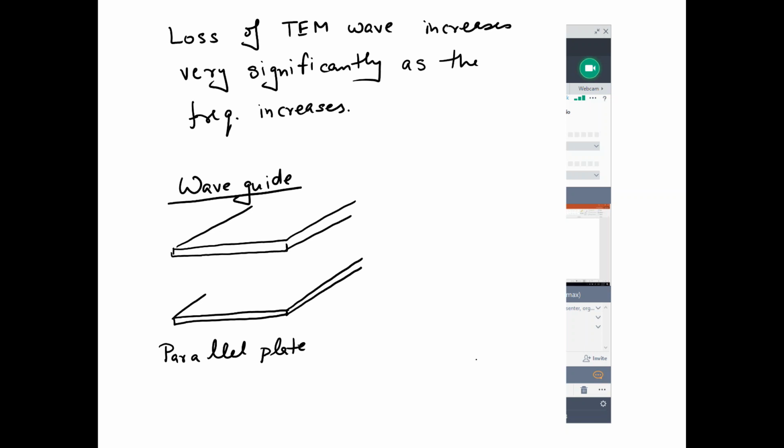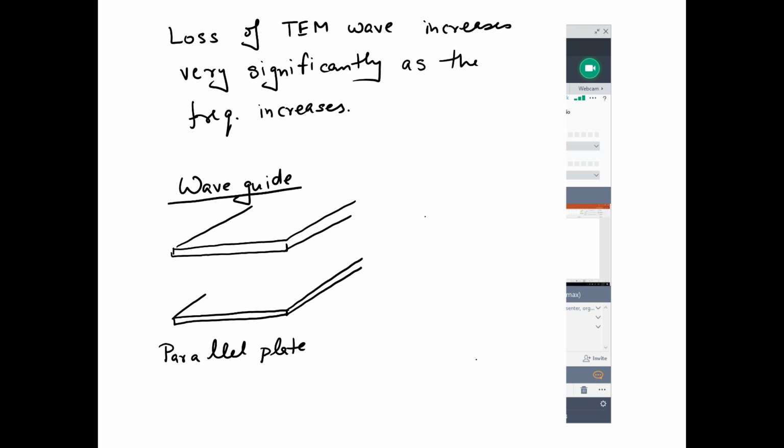Let's say I have two very large conductors spaced apart. What happens when I send an electromagnetic field inside? How does that field get guided through the structure, or can I even create some guidance?